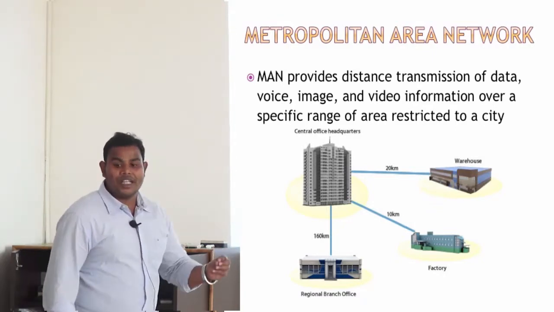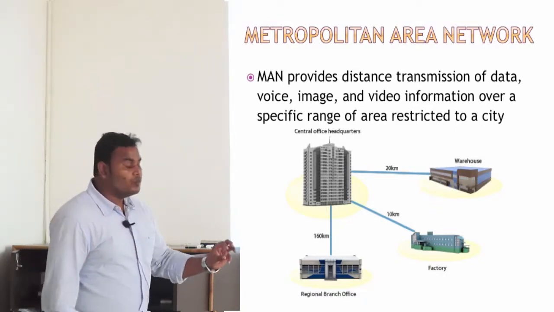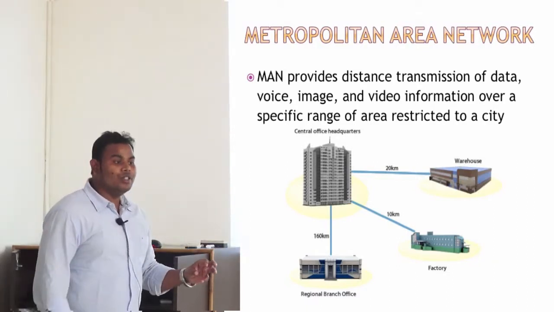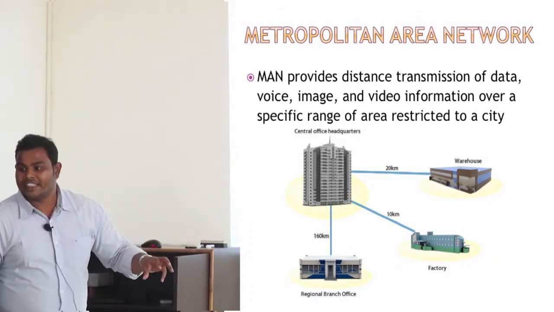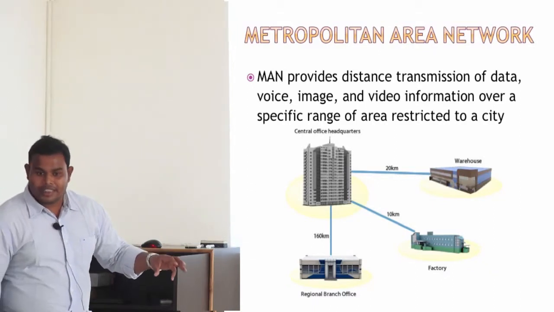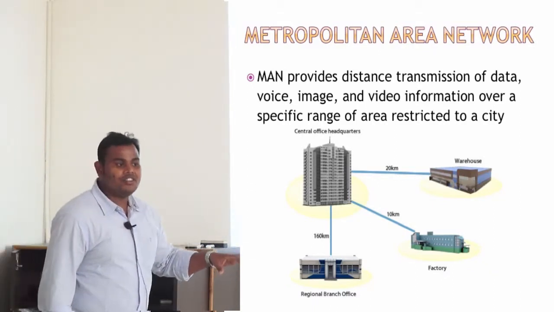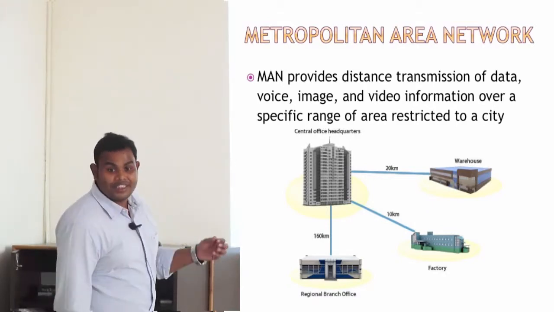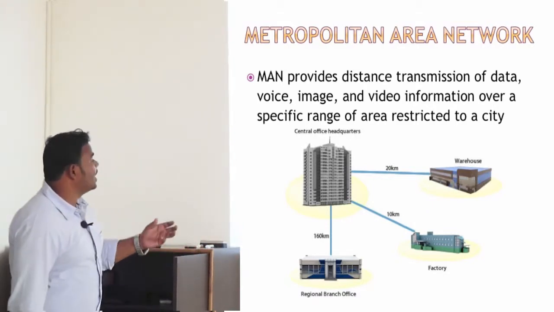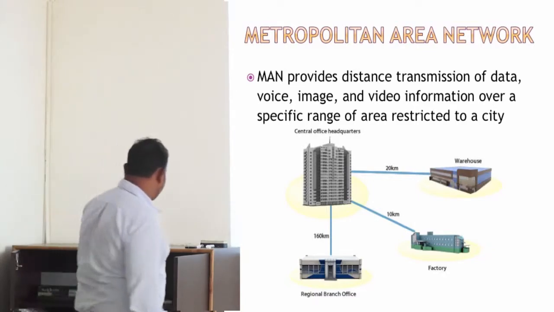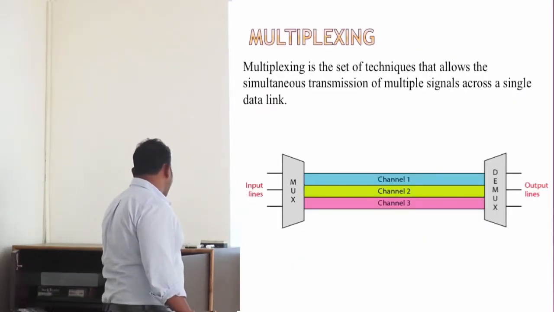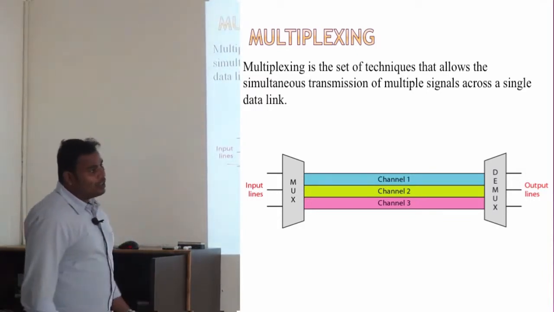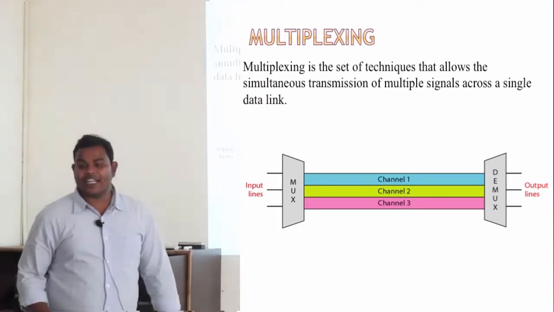Like suppose Mumbai has its own network, or Calcutta has its own network, then we will say that is a MAN network. This network is generally designed for covering a metro city. That's why the name is metropolitan area network. Then this is all about different types of network.